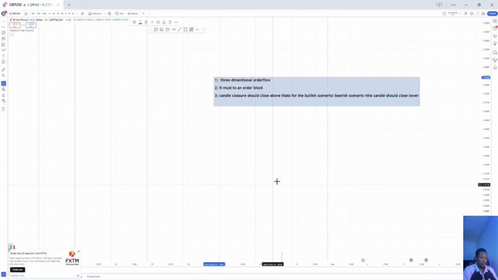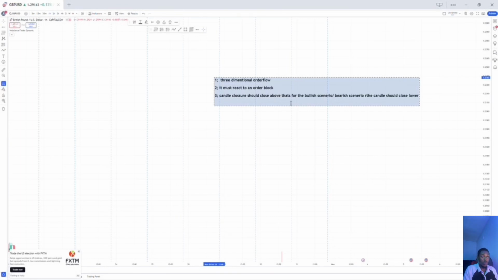So these are what it should be: three-dimensional order flow. It must react to an order block. And the candle closure should close above the fair value gap, that's for the bullish scenario. You understand? In the bearish scenario, the candle should close lower from the fair value gap.